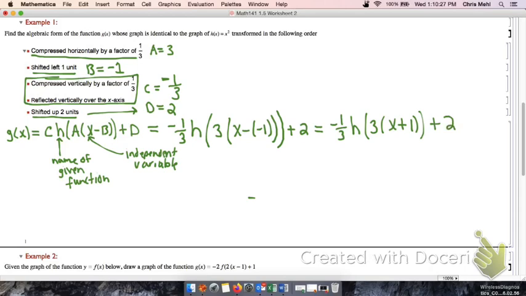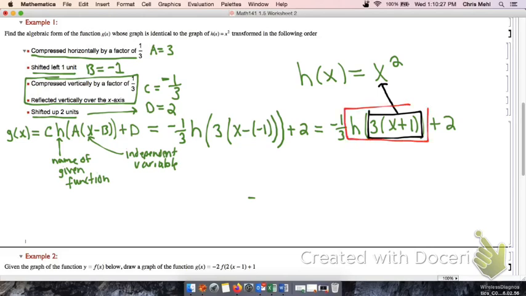Okay. Now remember, the original function h of x was defined as x squared. So what I'm going to do now is evaluate the function h. Notice that the input is 3 times x plus 1. That's going to replace this x up here. And ultimately what I'm doing is replacing this whole part.